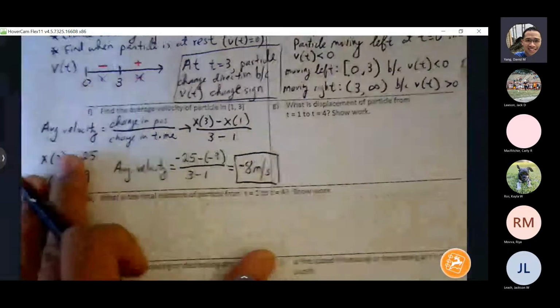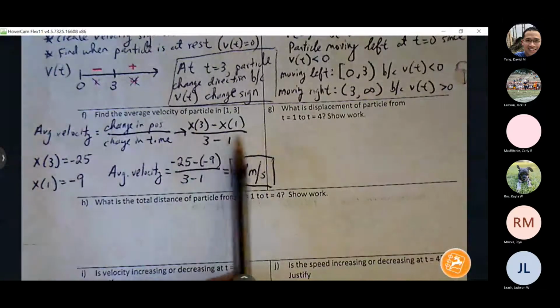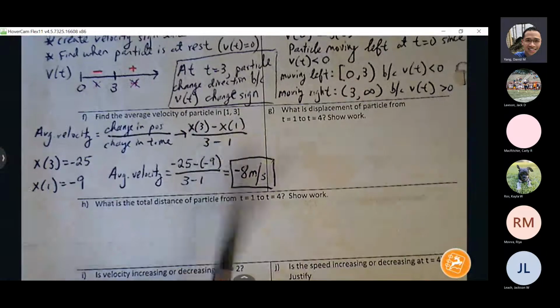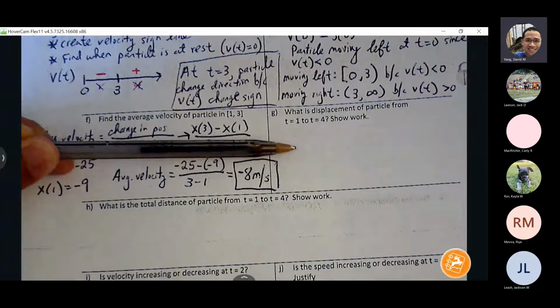Okay, displacement. Displacement is simply the change in position. So it's similar to average velocity, but just without the denominator. It's final position minus initial position.